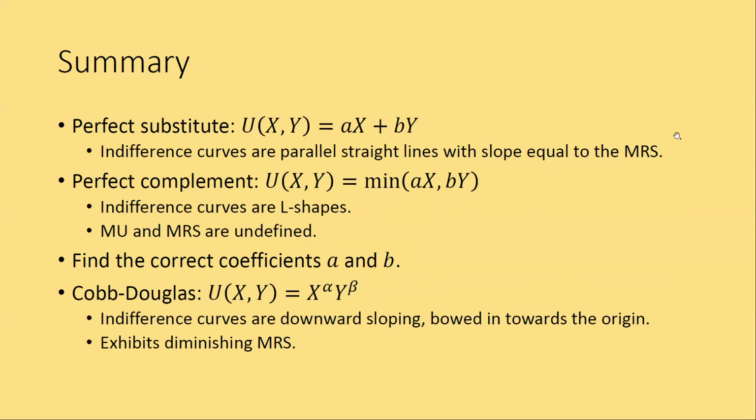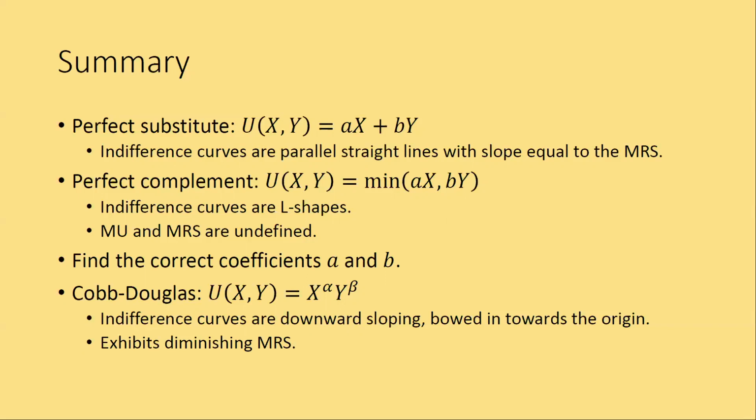So lastly, let's summarize what we taught in this video. We have a general form for perfect substitutes. The indifference curves are parallel straight lines with the slope equal to the marginal rate of substitution, and this slope depends on the ratio of a and b. We have the perfect complements taking the form of u equals the minimum of ax and by. The indifference curves, as we drew, are L-shaped.